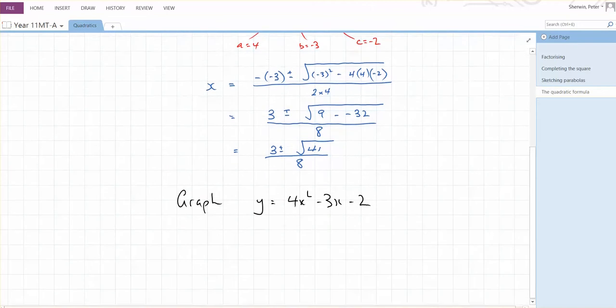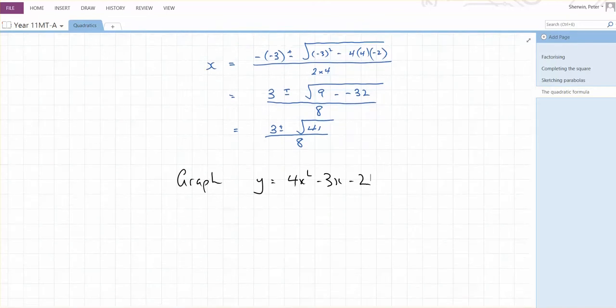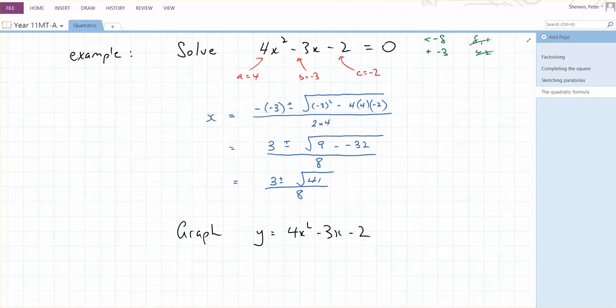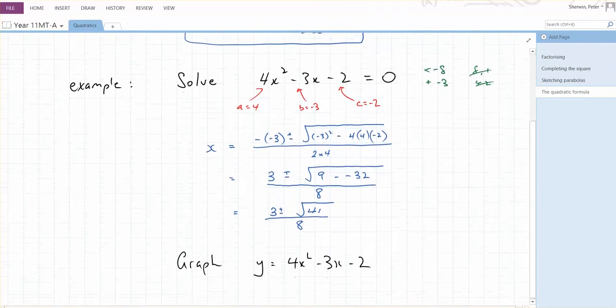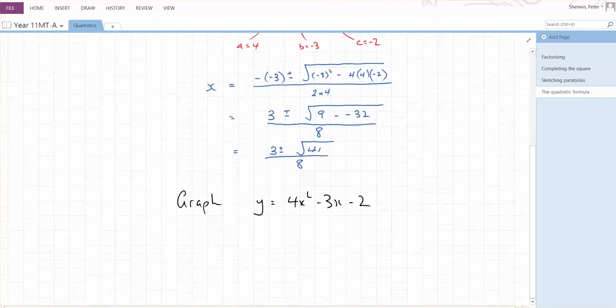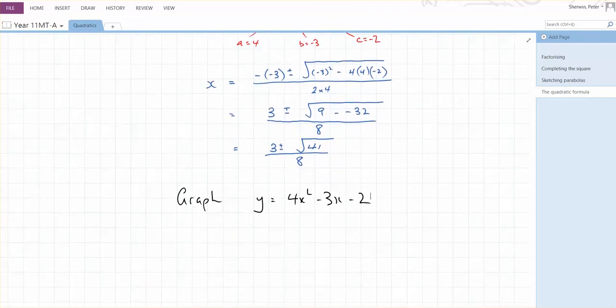So we could go ahead and graph this, plotting these 2 points as the x-intercepts, and we could also find the vertex from a's, b's and c's. Our vertex is at minus b over 2a. Now let's just write that down.